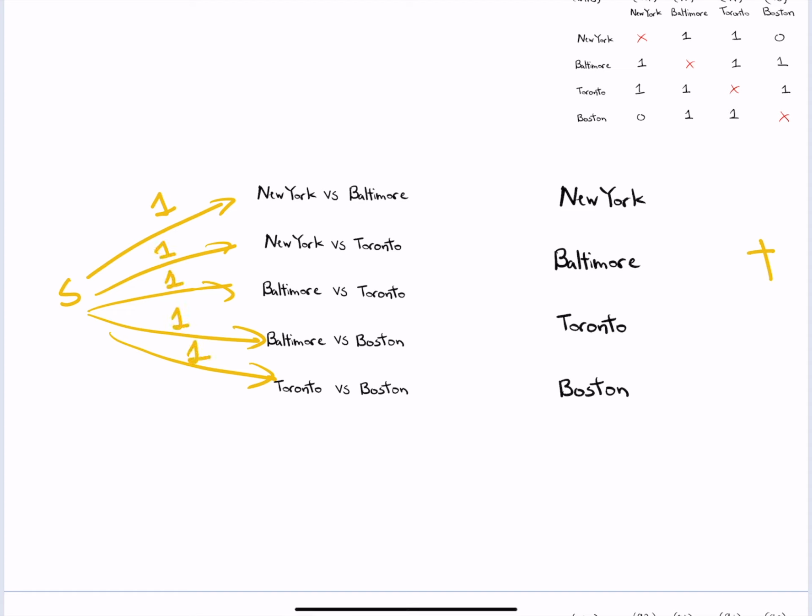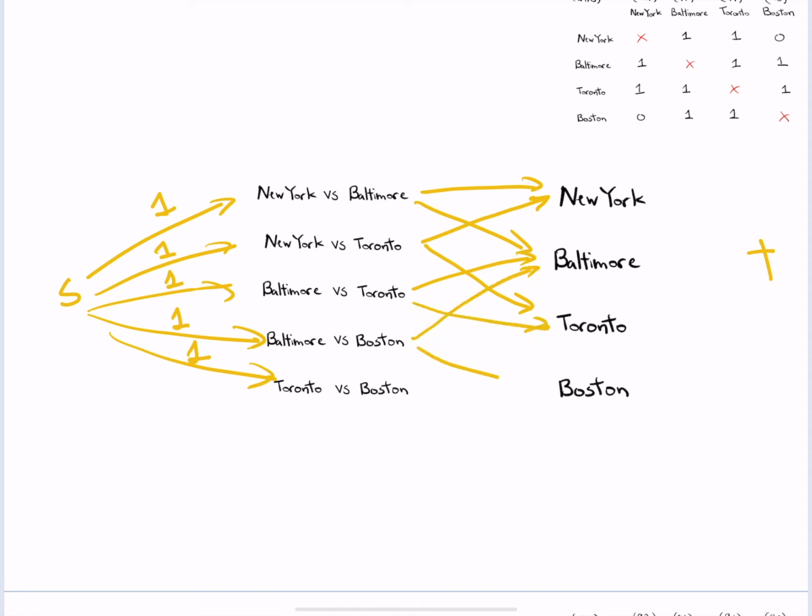The game between New York and Baltimore can go to New York or it can go to Baltimore. The game between New York and Toronto can go to New York or Toronto. Baltimore and Toronto can go to Baltimore or Toronto. Baltimore versus Boston can go to Baltimore or Boston. Toronto versus Boston can go to Toronto or Boston.